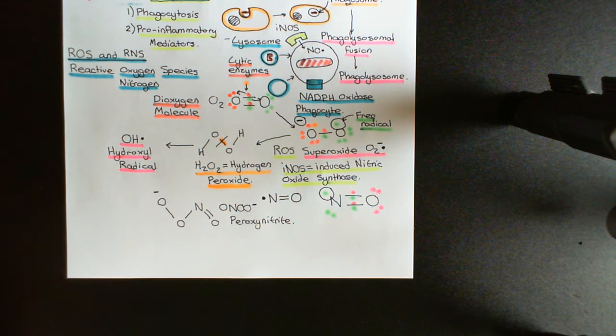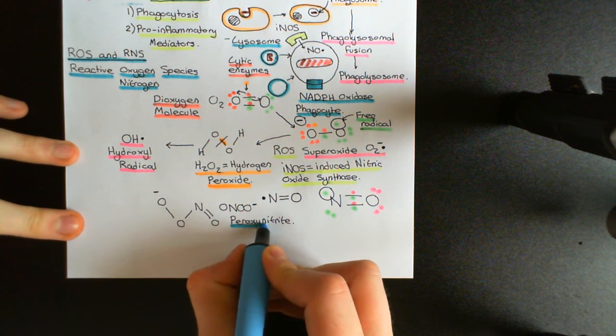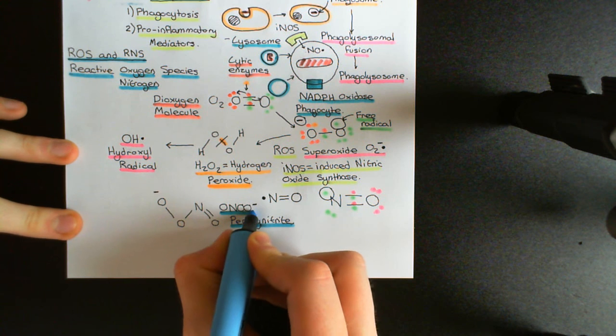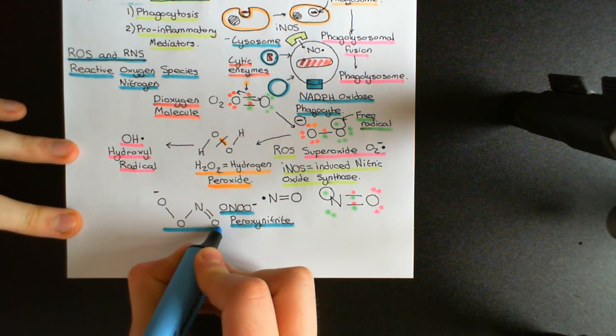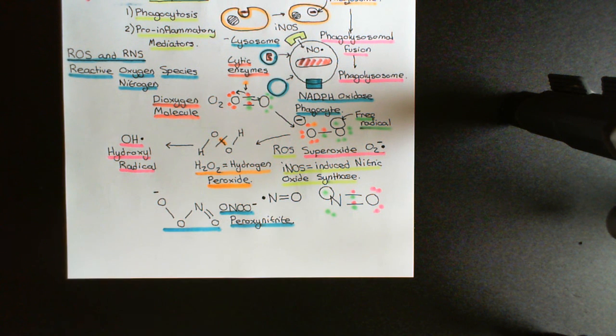It is an incredibly reactive molecule. So this is an example of a reactive nitrogen species. From superoxide and nitric oxide, we will produce peroxynitrite molecules within the phagolysosome, and these will react with all sorts of biomolecules and cause the poisoning of the Mycobacterium tuberculosis cells, hopefully.